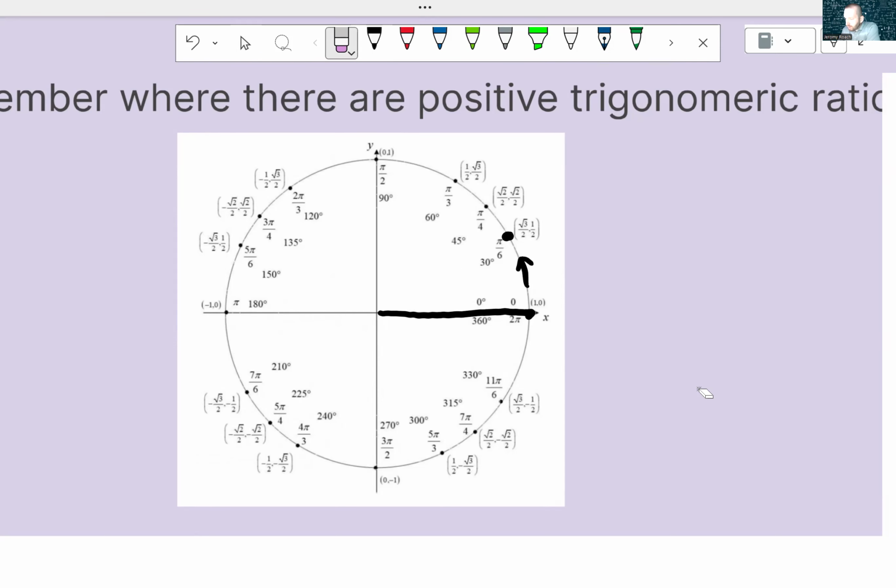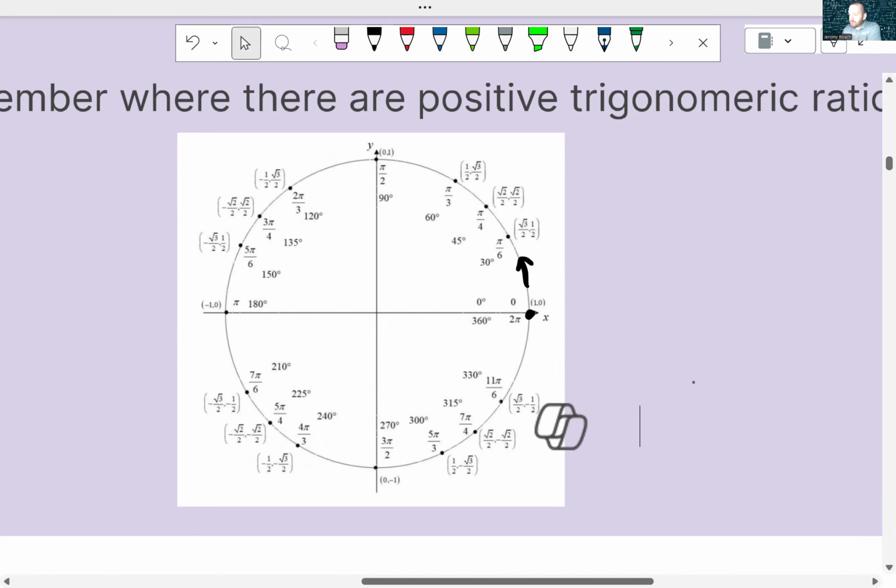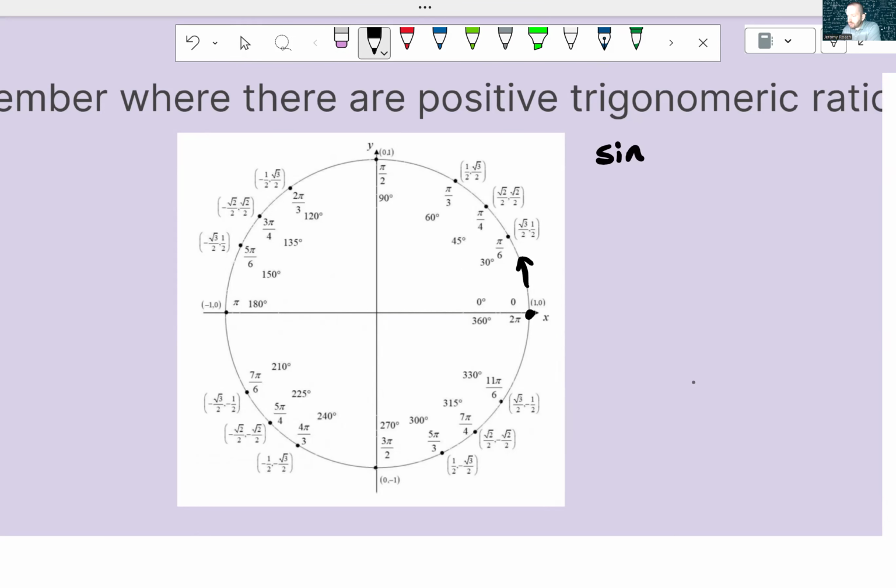Now, all these things that say pi on them, those are radians. Radians is another way to express an angle measure. So when we talk about using trigonometry with sine, cosine, and tangent, it's important that we have everything in degrees in our calculator because a lot of these problems are going to ask you for the answer in degrees.